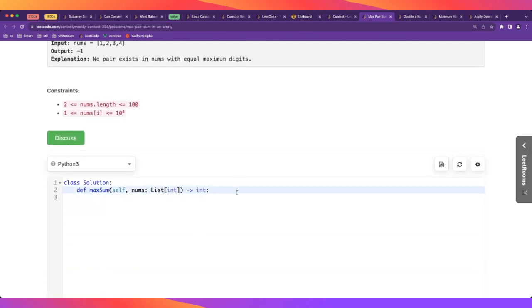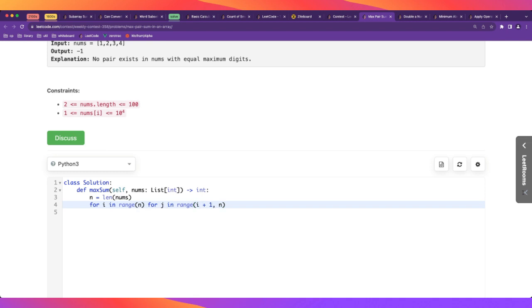So without further ado, let's code it. This is very standard code. Let's set the size in a variable for convenience, and let's go over all the pairs of elements without repeating.